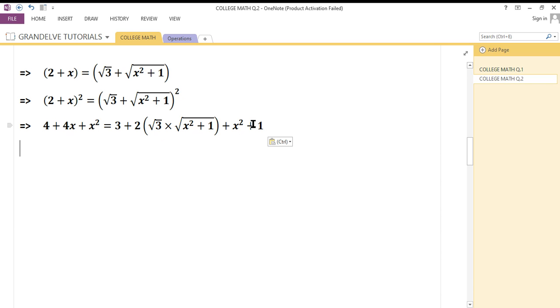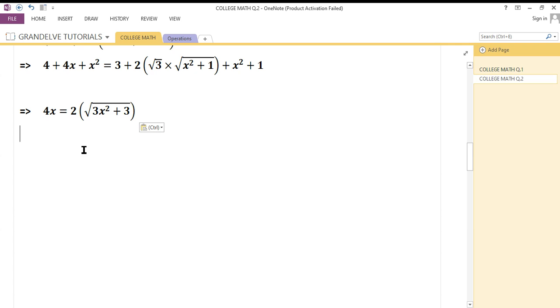And the s squared at the left, s squared at the right, that one too goes to 0. Leaving us with 4s at the left hand side and 2 into square root of 3 times square root of s squared plus 1 at the right hand side. That will be very beautiful. Let's write that so that you can see it clearly here. Yes, beautiful. That's it. Okay.